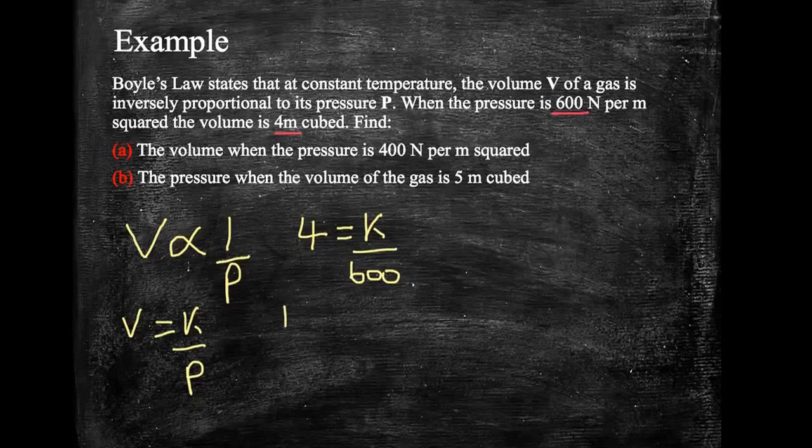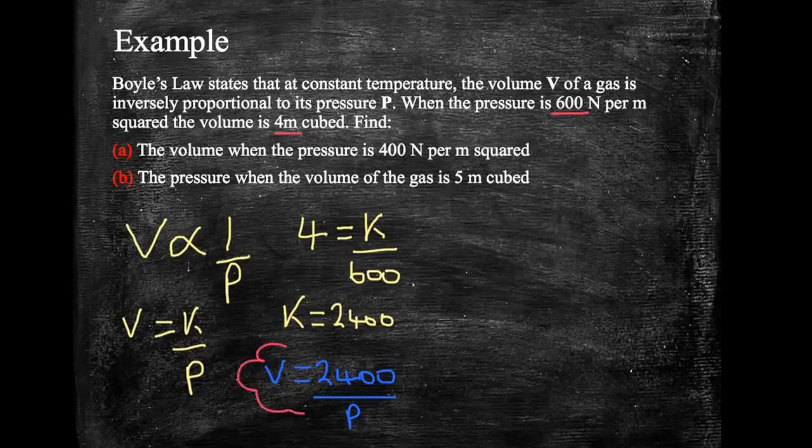In this case, k is going to be 2,400. I've got myself a new formula to use. It now says that V equals 2,400 over P. And I'm going to use this formula to answer the rest of the questions.